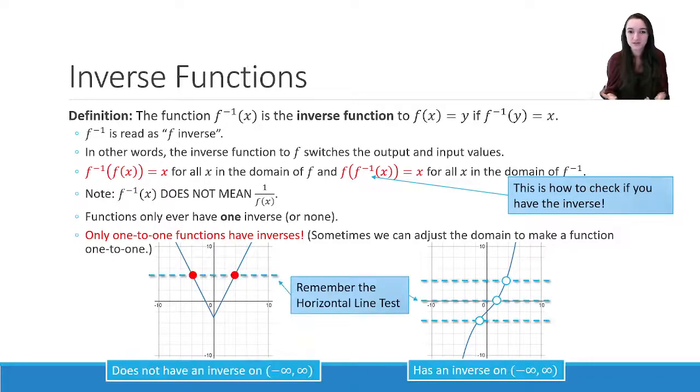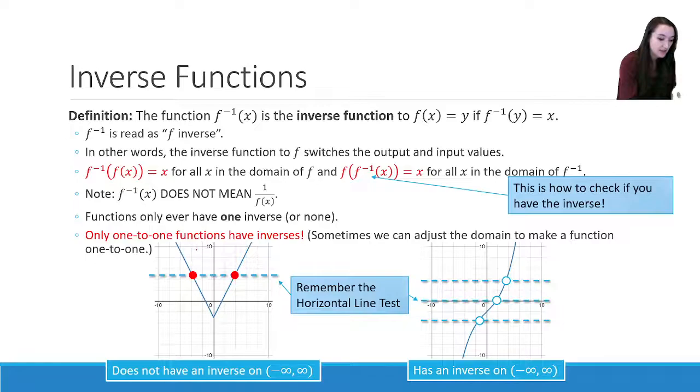The horizontal line test says that a function is one-to-one as long as every horizontal line you could possibly draw only ever hits one point on its graph. The first graph here is not one-to-one, but the second one is. So the first graph does not have an inverse, at least not on its full domain, whereas the second one does have an inverse on its full domain.